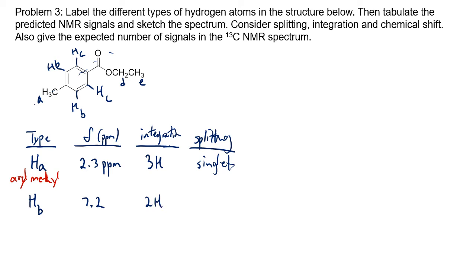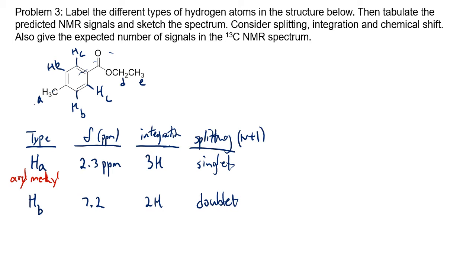And each HB has only HC as a neighbor, so it has 1 neighbor. Because it has 1 neighbor, we would expect its signal to be split into a doublet. So remember, this is always number of neighbors plus 1.